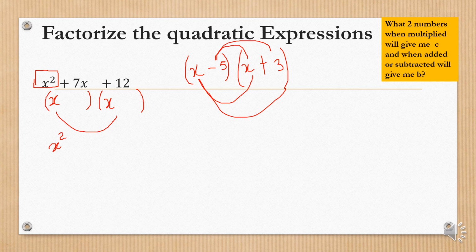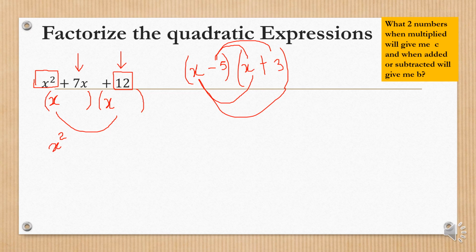Let's move on. What two numbers can I multiply to give me c? So I worked out a, now I'm going to c. What I'm going to multiply that can give me 12, and when I add or subtract it, it will give me 7. Now let's write down all the factors of 12. What do I mean by factors?